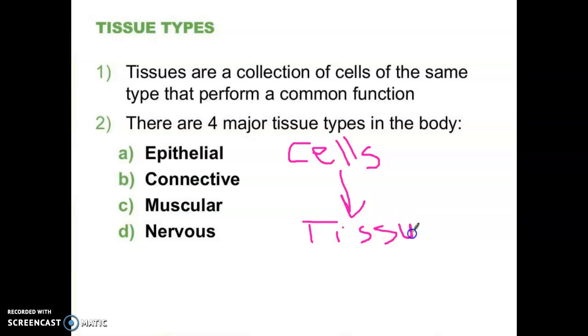We're going to spend time in this chapter talking about all the different types of tissues. There are four major categories, but these are broken down into much more specific, specialized tissues as well. For example, there are several types of muscular tissue, several types of connective tissue, and so on.